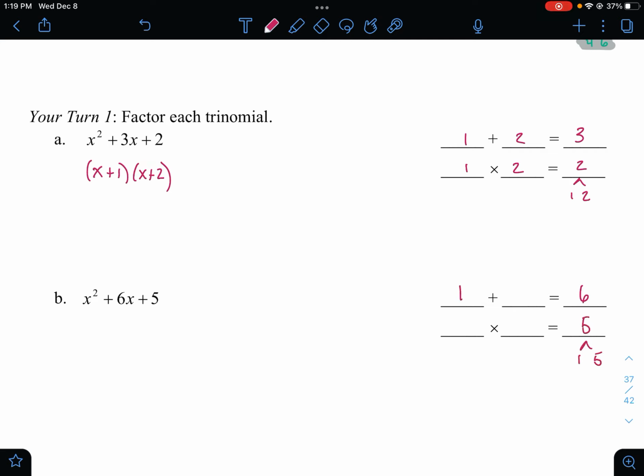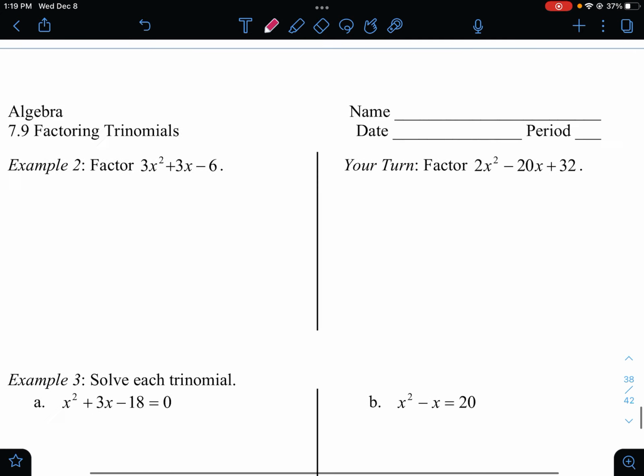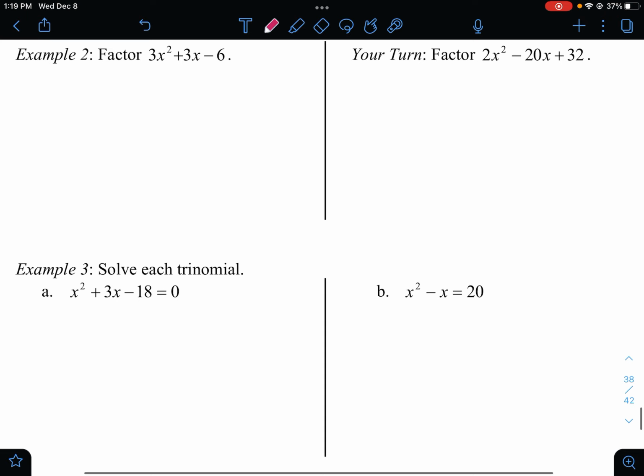I gave you guys way too easy ones. All right, now we're getting into some good ones here.